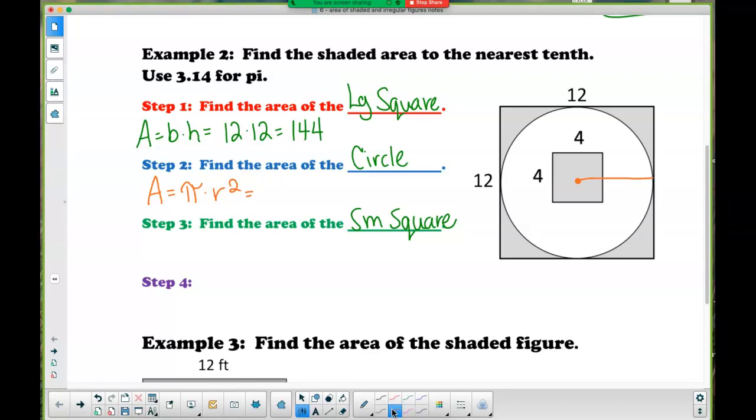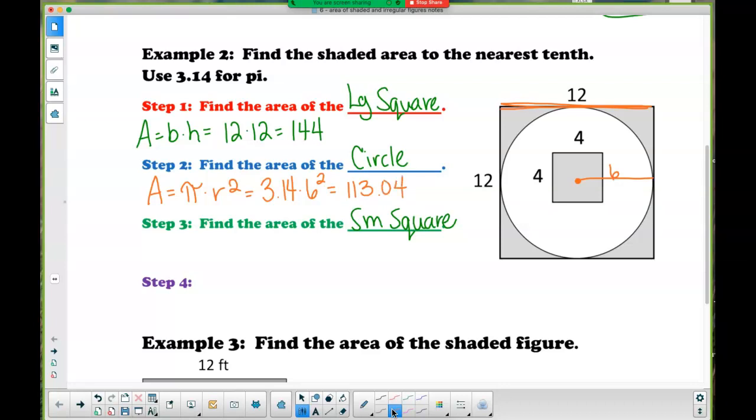What's that distance? Matthew? 6. Yeah, so we know the square is 12. That would go all the way across the circle. So the radius is 6. So 3.14 times 6 squared is 113.04.